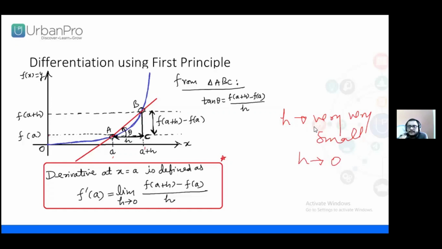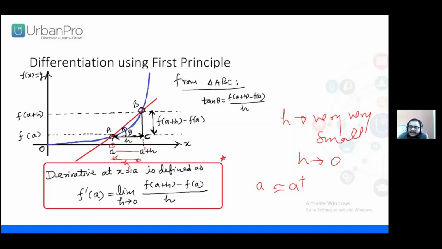If we have to find the value of the function at x equal to a, we simply put x equal to a and get the value f(a). But if the function is changing at different rates, then we will have to observe the continuity at x equal to a. So we will have to check the value of the function just before a and just after a. Just after a is a plus h. So a and a plus h are nearly equal, but a plus h is just to the right of a. The gap between a and a plus h is h.